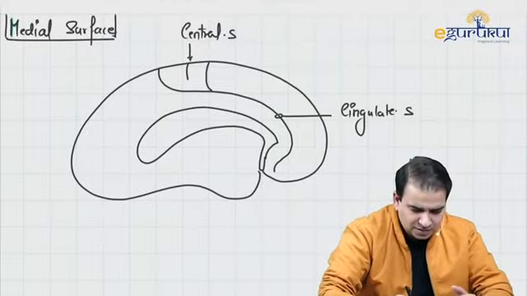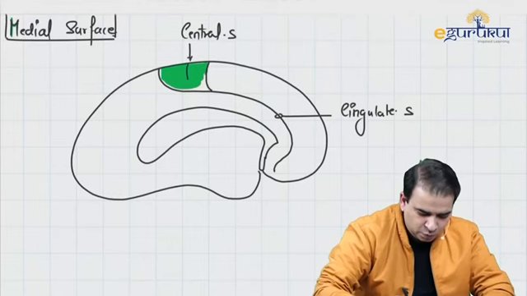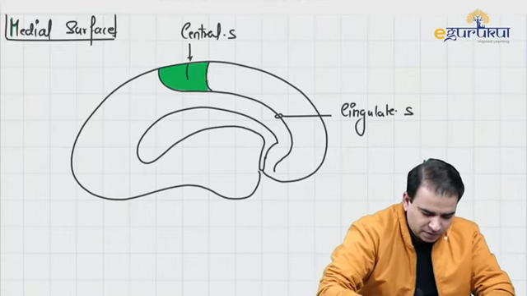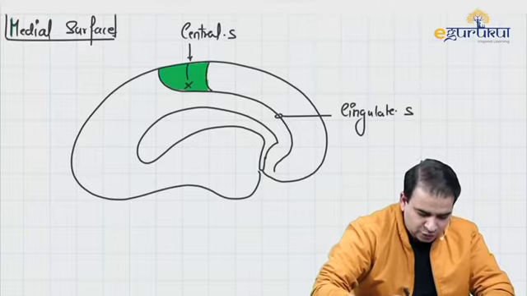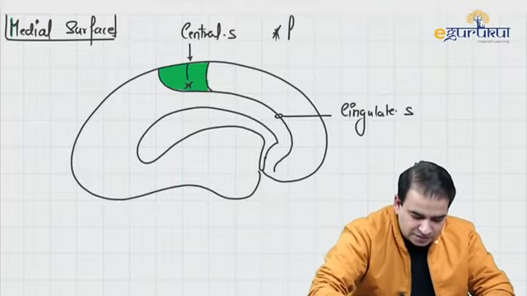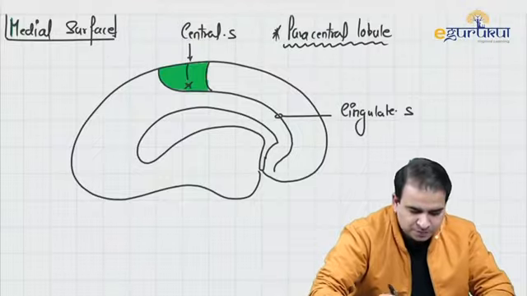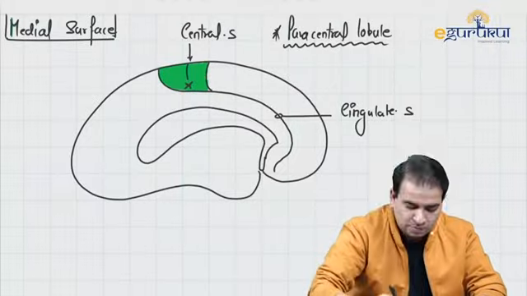And why is this projection important? Because around this central sulcus, but within the limbs of the cingulate sulcus, look at this area which I'm highlighting here. There's one very, very important area, which is present around the central sulcus, so we call it the paracentral lobule. Why is this paracentral lobule so important?